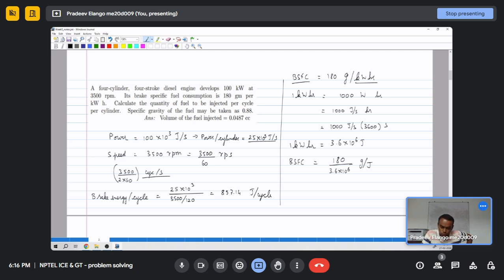So that means we need to have gram per cycle, right? So how do we get it? We know how much joules of brake energy comes from every cycle, and we know how many grams to be given to produce every single 1 joule of work output. So then we multiply both, we will get the fuel quantity per cycle.